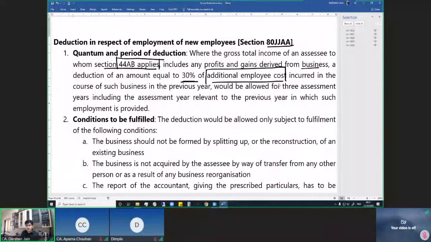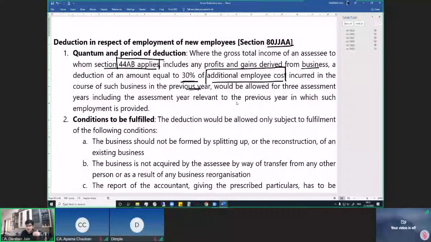So all of those assessees who are engaged in business and who are able to create new employment would get a deduction of an amount equal to 30% of the additional employee cost incurred in the course of the business in the previous year.